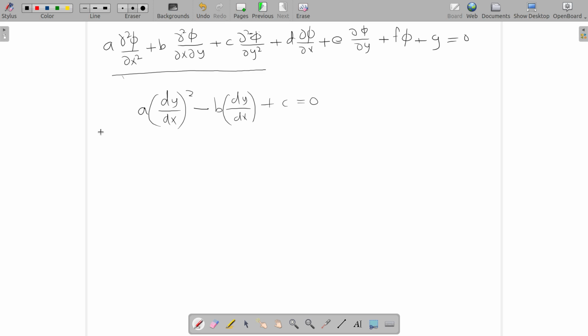So depending on the number of roots of this characteristic equation, you have different classes of problems.